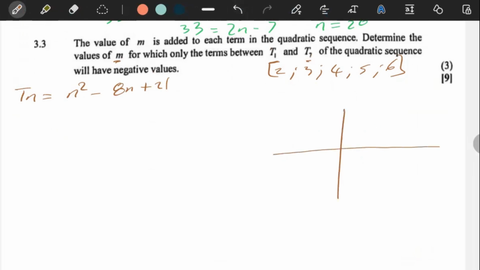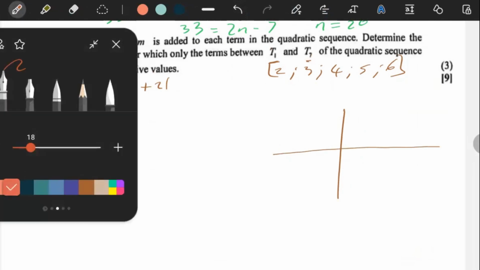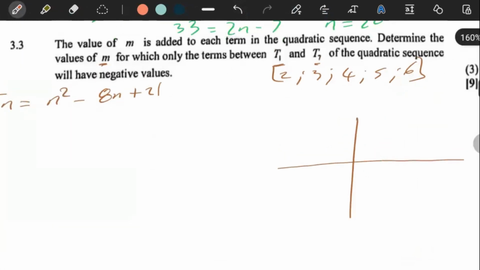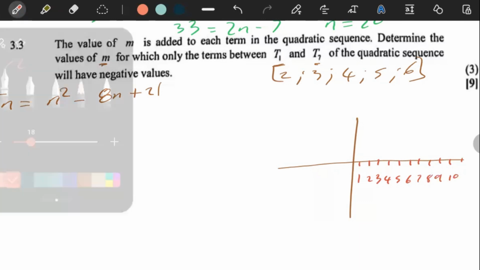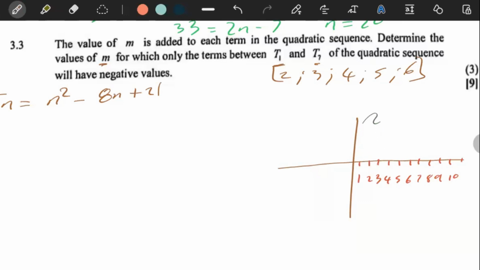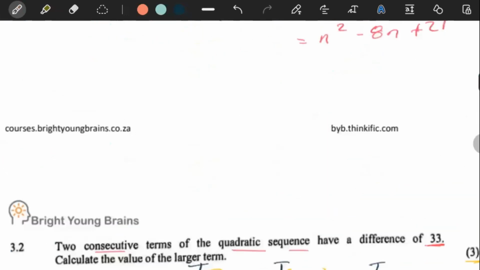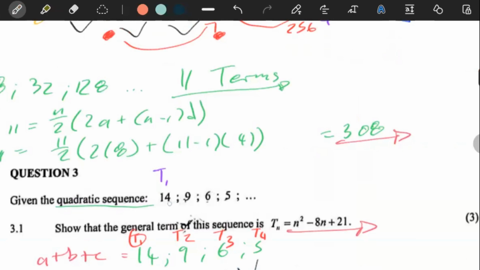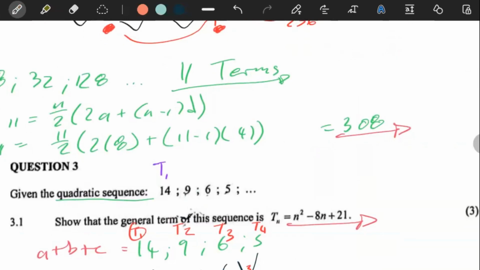If you think of a Cartesian plane, logically, since we're starting from 1, it means that your image will have 1, 2, 3, 4, 5, 6, 7, 8, 9, 10, 11, going on and on. So since this is 1, let's put 1, 2, 3, 4, 5, 6, 7, 8, 9, and 10. So what we know is that at 1, you have a y value of 14, and then it's 9, 6, 5, going on and on.